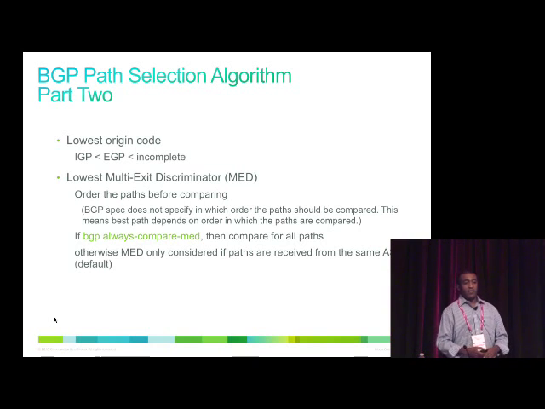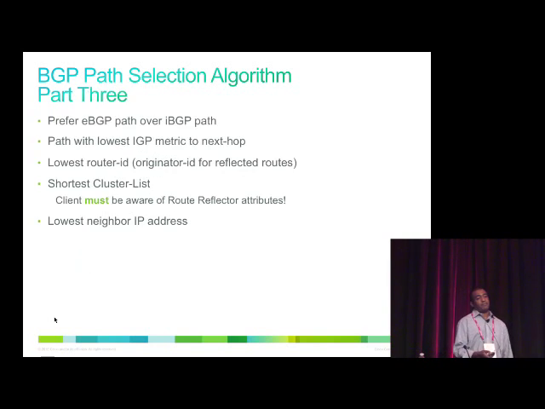In this case, BGP always-compare-med. But there are other knobs as well. By default, MED is only considered for routes received from the same autonomous system. Otherwise, it will defeat the purpose. But some people want to use it for routes received from multiple autonomous systems. In that case, you can use that knob.